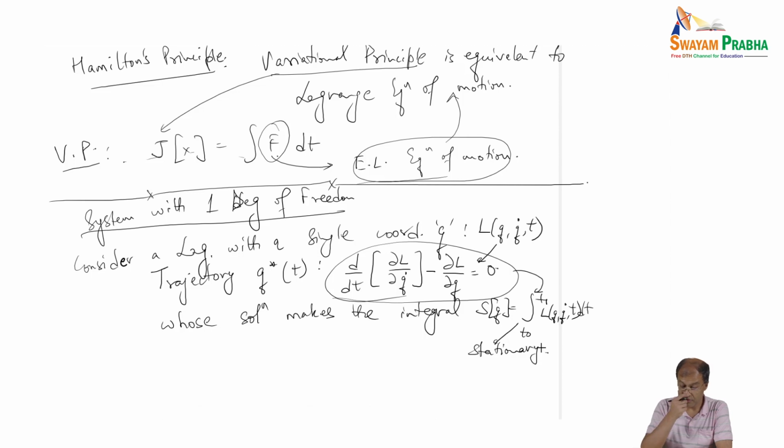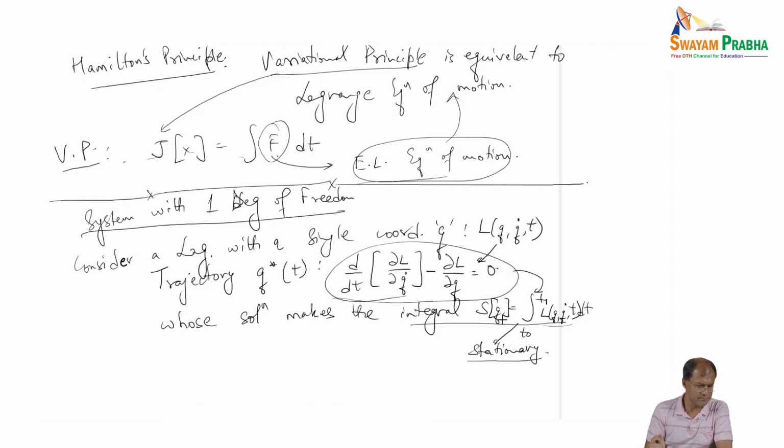Okay, so the trajectory which is the solution to this Lagrange equation of motion will make this integral stationary, or which will be the extremal to this integral involving the Lagrangian, which is what I said a few minutes back.